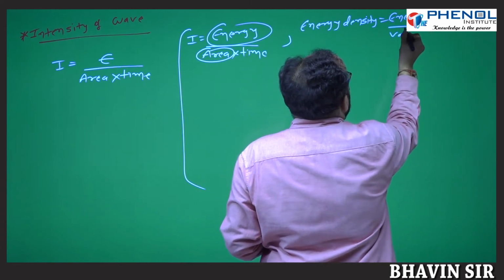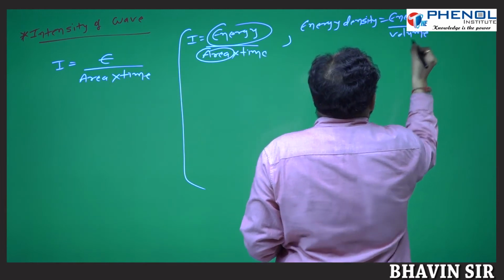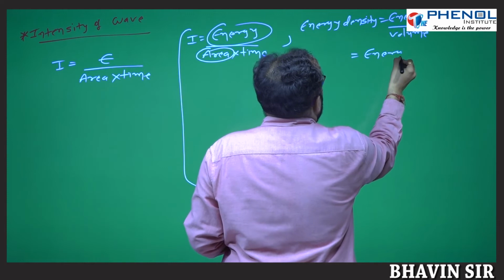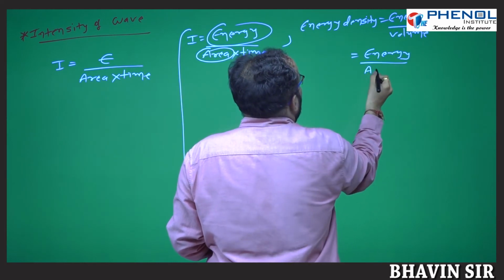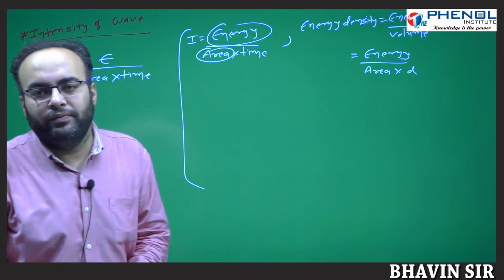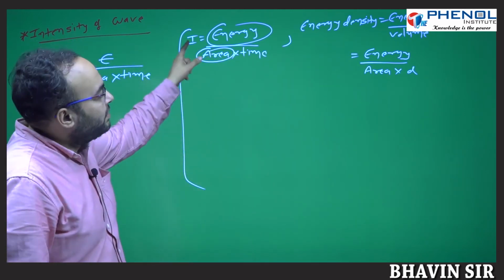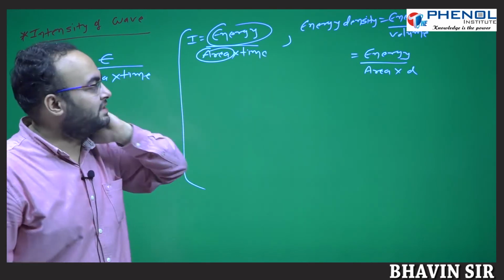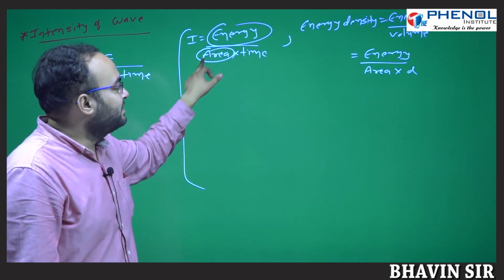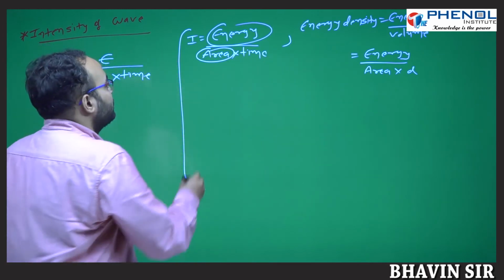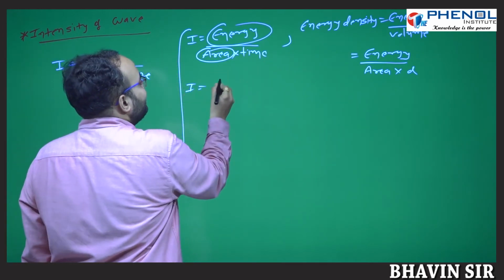Energy per unit volume. And what is the volume? Area into distance traveled by wave. So see students, what is the difference between the two terms? Energy is there, area is there. What is the missing term? Distance. So here distance is missing.